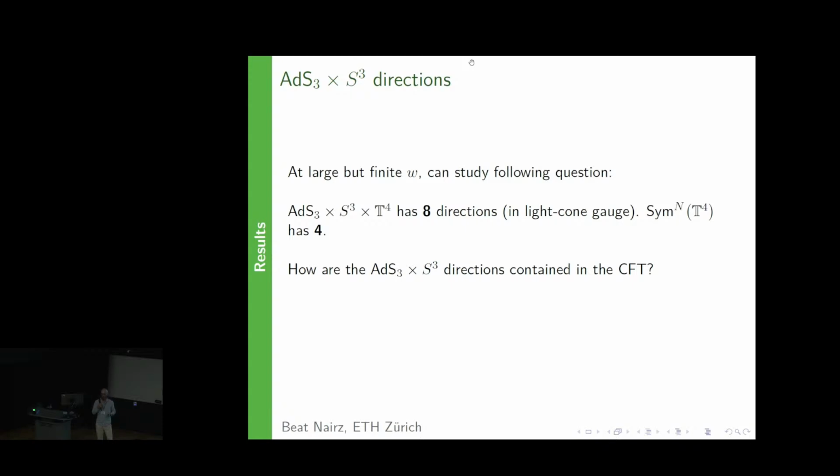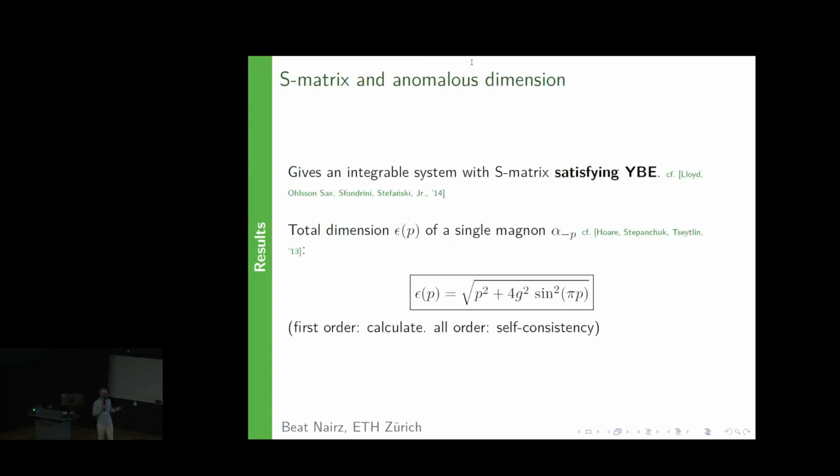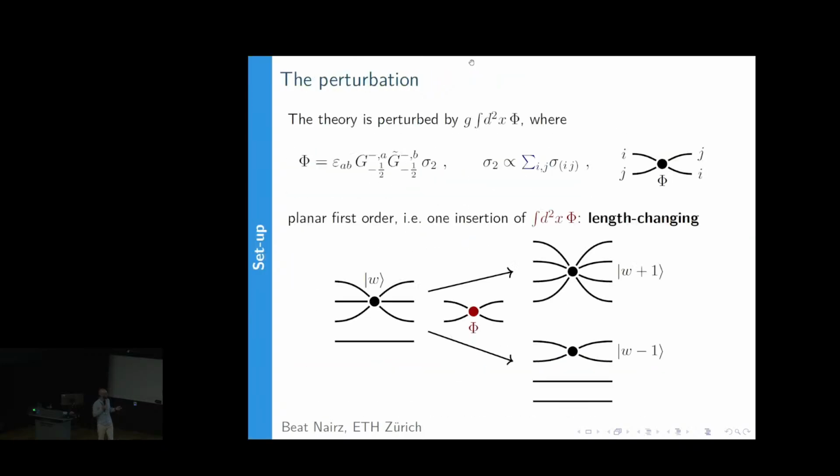So what's the evidence that that perturbation actually corresponds to switching on Ramond flux on AdS3 S3? So the evidence was this BMN dispersion relation, or what's the evidence? I mean, this is an old matching of moduli.